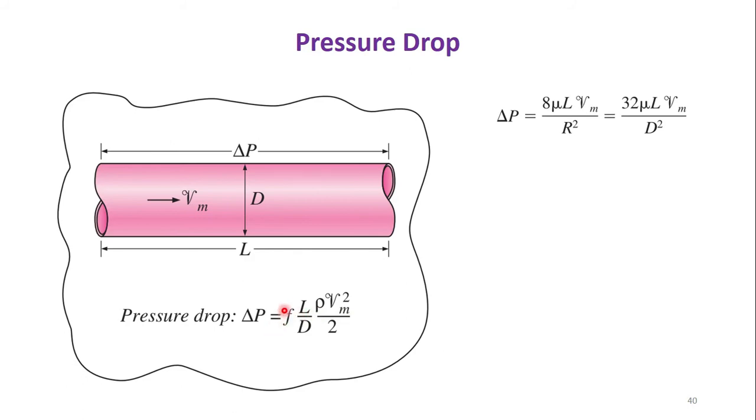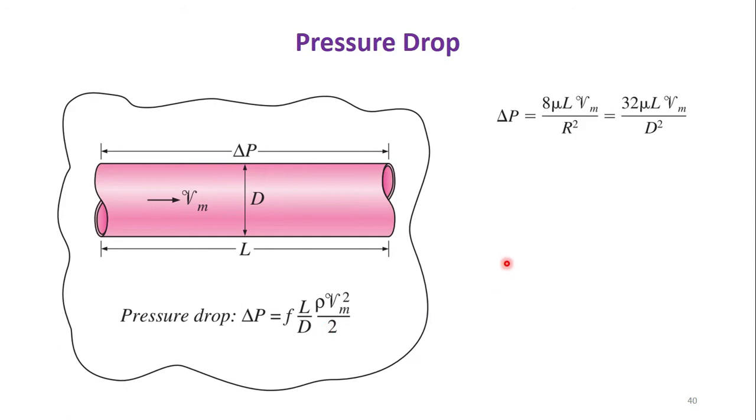One of the most important parameters in determining the pressure drop is the friction factor, which is also called the Darcy friction factor, right? It is named after the French engineer Henry Darcy. This is the friction factor f, and it is different from the coefficient of friction.